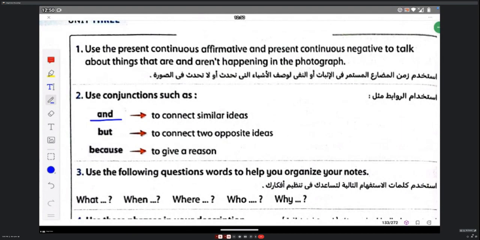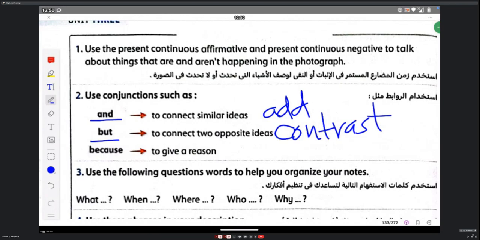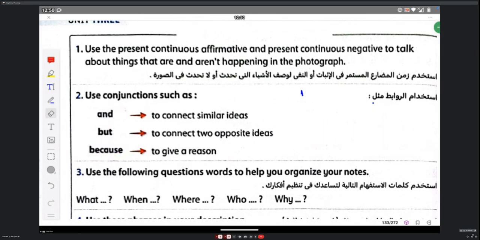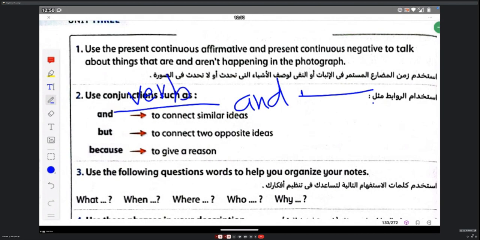And to add, but to contrast or contradict, because to give a reason. The difference between these: and is followed by the same tense. If we have a verb here, the verb is in the same tense.